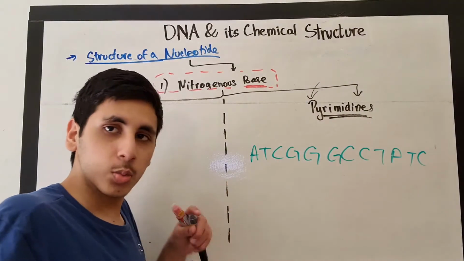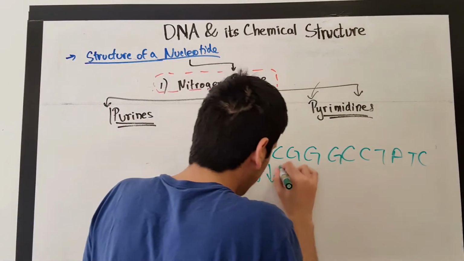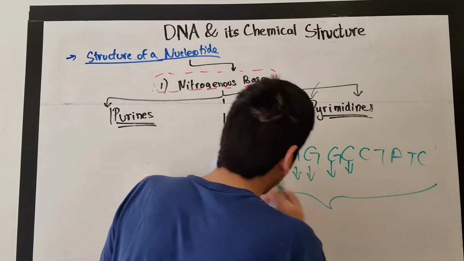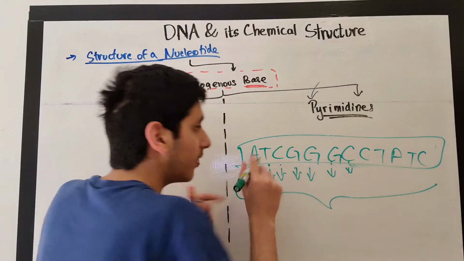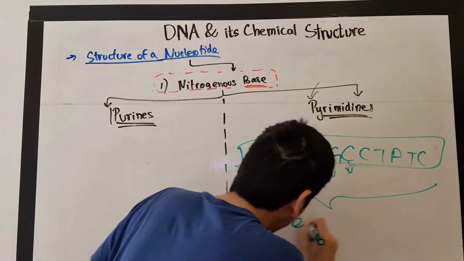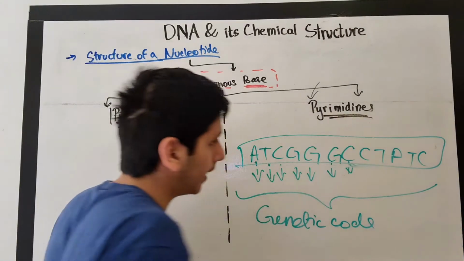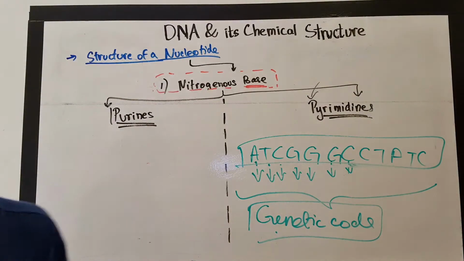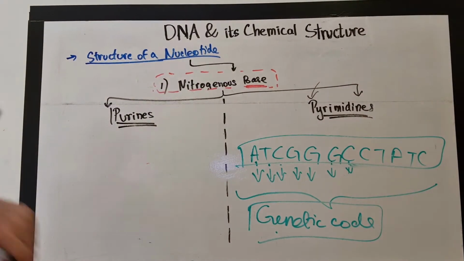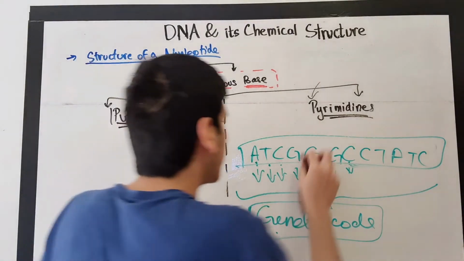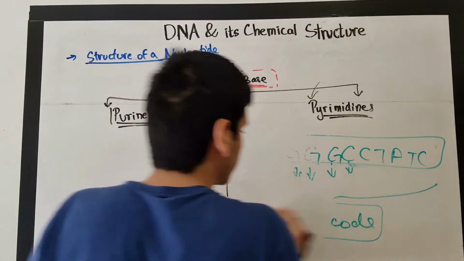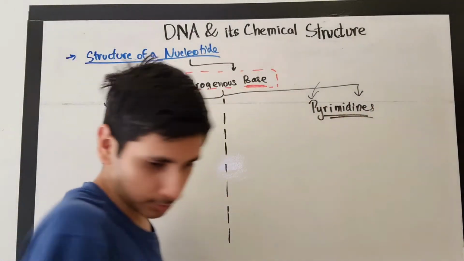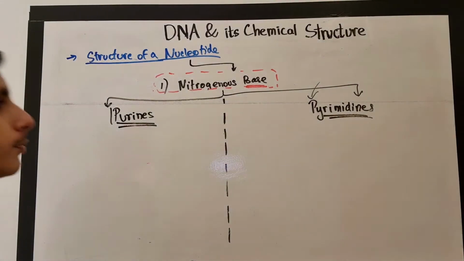Once we figure out the nitrogenous base in every nucleotide, we'll be able to form this sequence, and this sequence is our genetic code, which represents our genetic information. We'll explore more about the properties of the genetic sequence, and hopefully also how to sequence a genome.